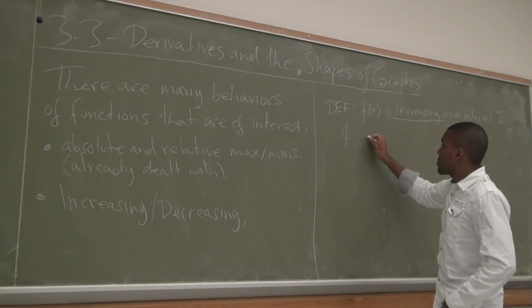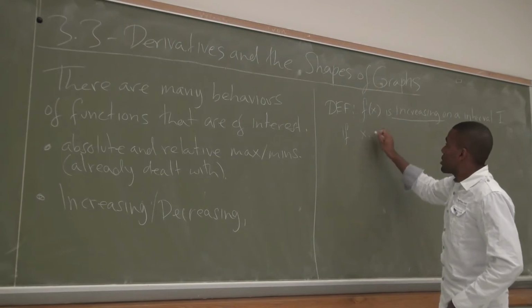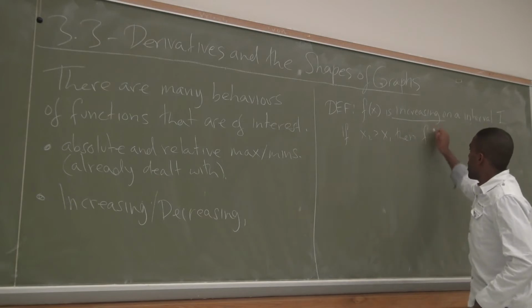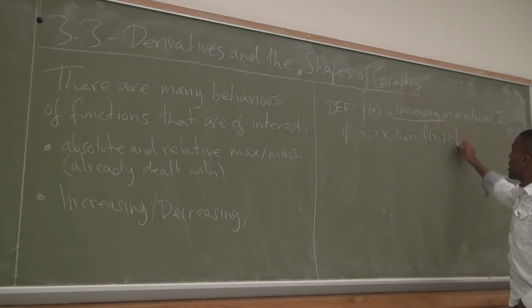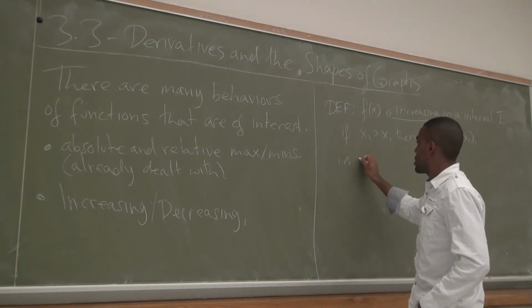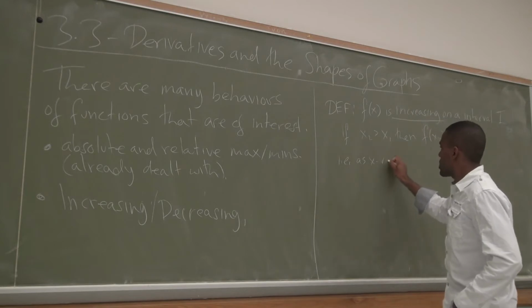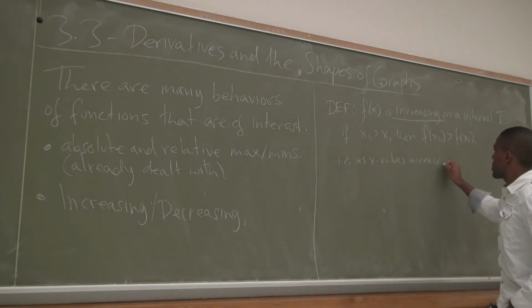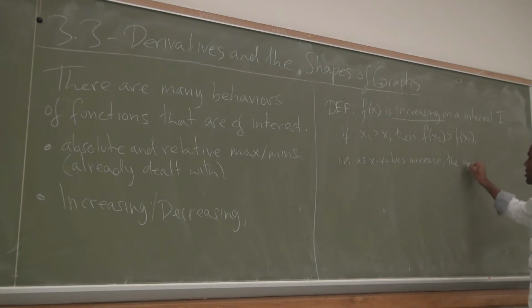Basically, this means if x2 is bigger than x1, then f of x2 will be bigger than f of x1. This basically says, as x values increase, the y values will increase.